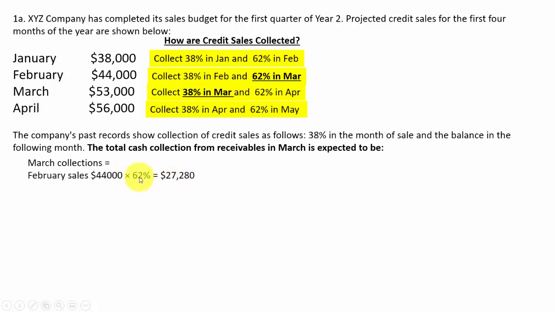So it'll be February sales of $44,000 times 62%, which will be collected in March. That amounts to $27,280. Then March sales total $53,000, and we'll collect 38% of those in the month of sale, which comes out to $20,140. So the total collections of receivables in the month of March will be the sum of these two, which would be $47,420.